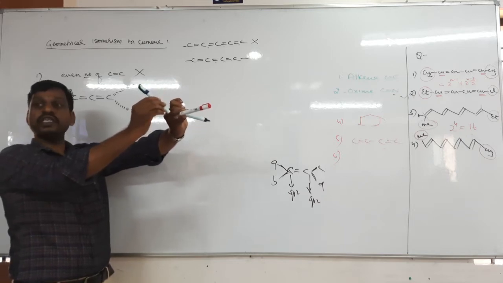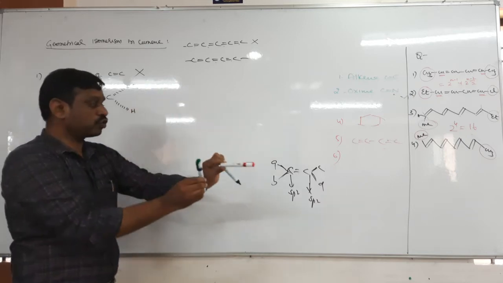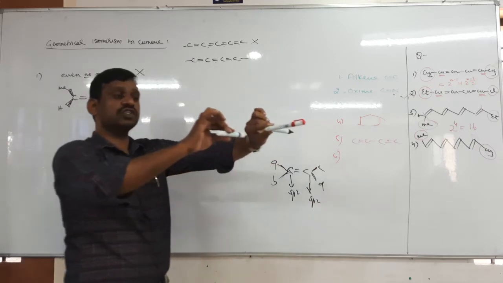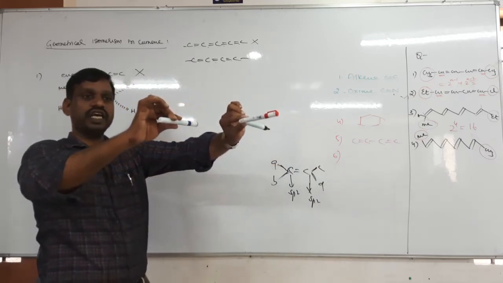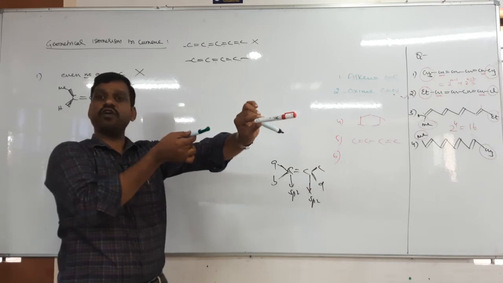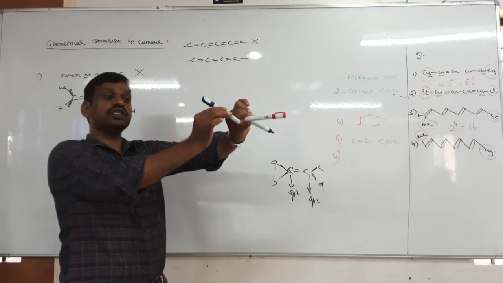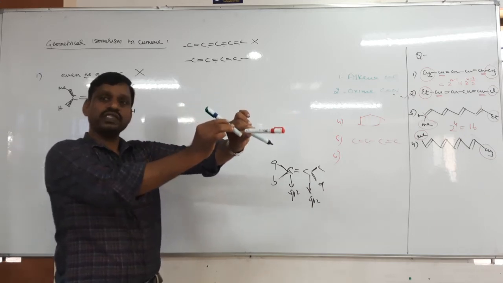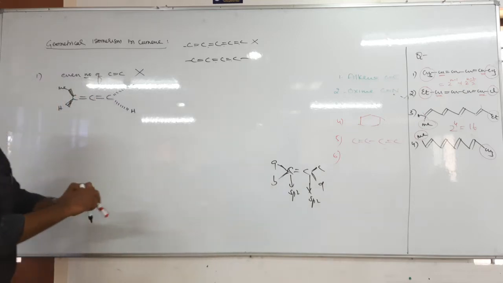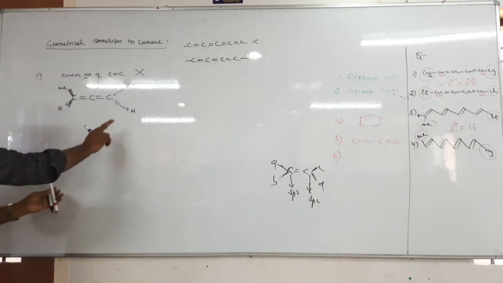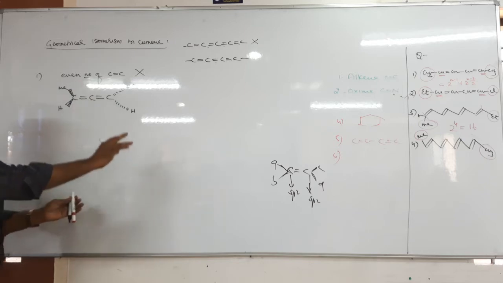It means they come in different planes. Actually it is supposed to be like this. If it is like this, they can form geometrical isomerism, but it comes in the opposite plane. That means if the cumulene contains an even number of double bonds, the terminal carbon atom groups come in different planes.